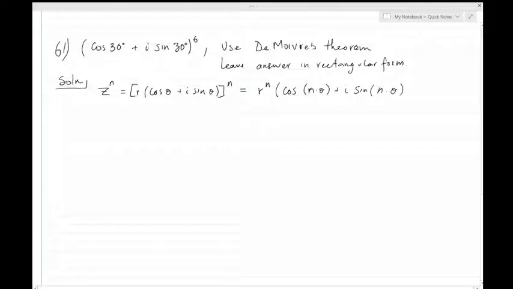And remember, n is the power that we're raising the whole number to. Okay, so that is the definition.